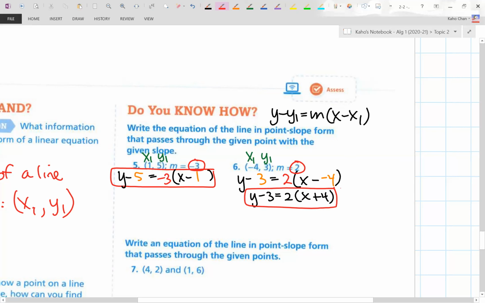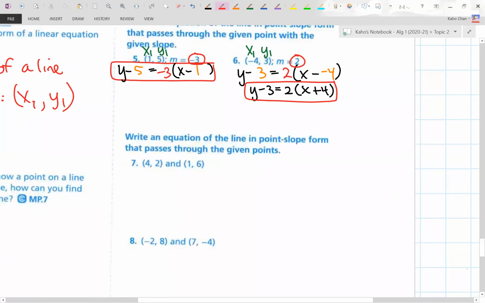All right, number 7 and number 8 are exactly the same. They have one twist, like in the example: they don't give us the slope. We have to find the slope first for both of them. I'm just writing down the formula for both of them.